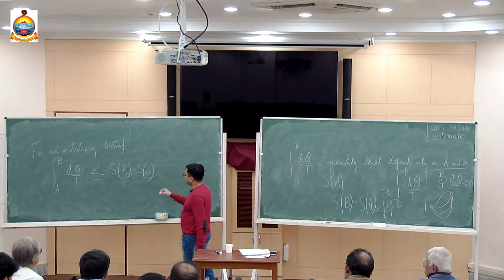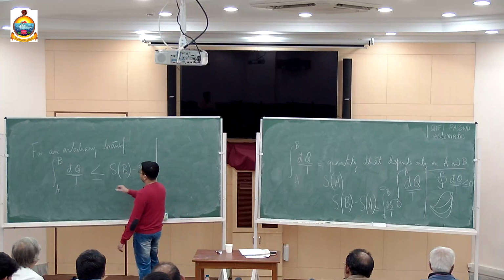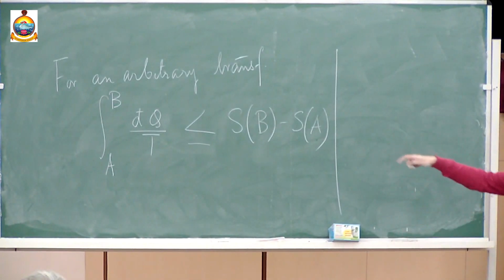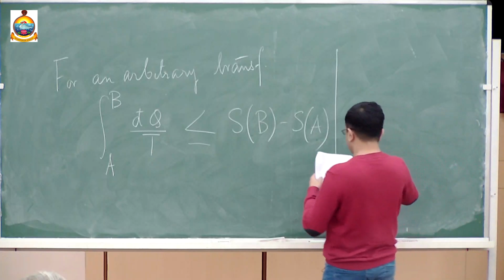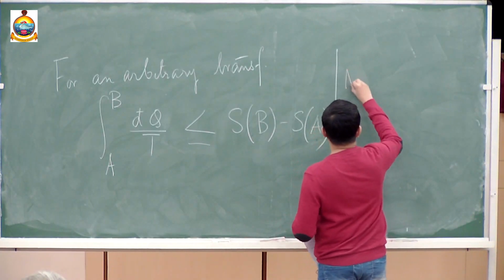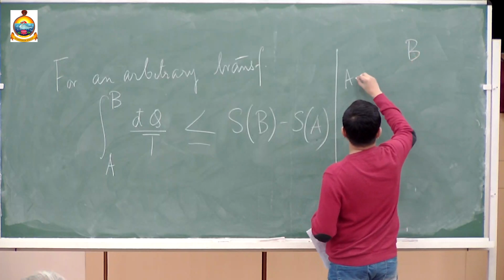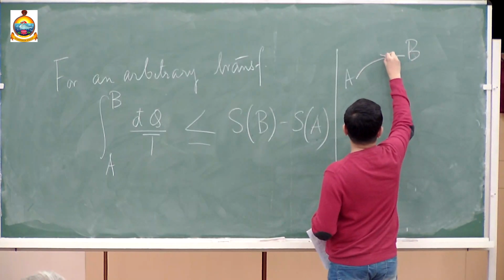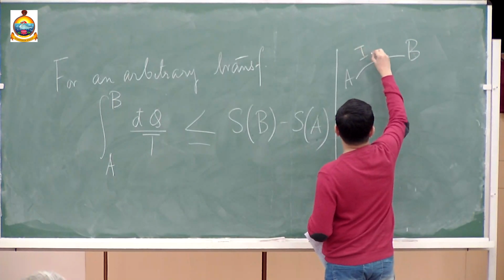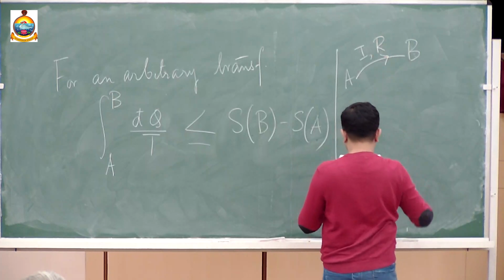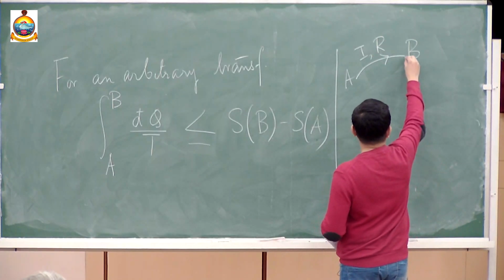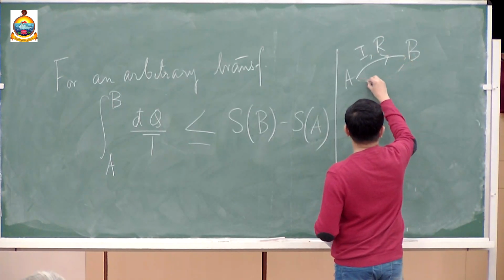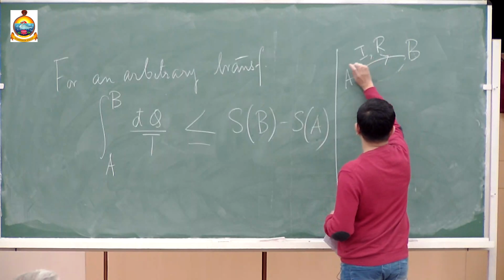Now I show that for an arbitrary transformation d cross q by T, this is done in the following way. Let's consider two points A and B. I go from A to B along some path 1 which is a reversible one, but then I come back from B to A along a path which is irreversible.